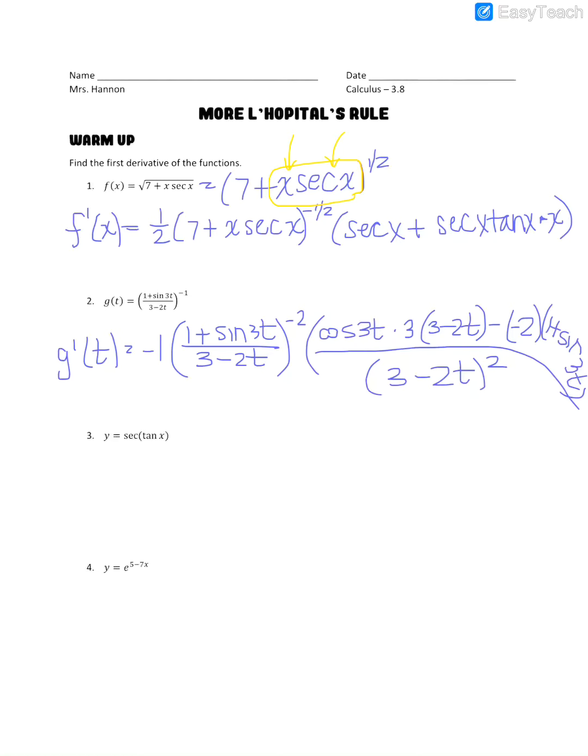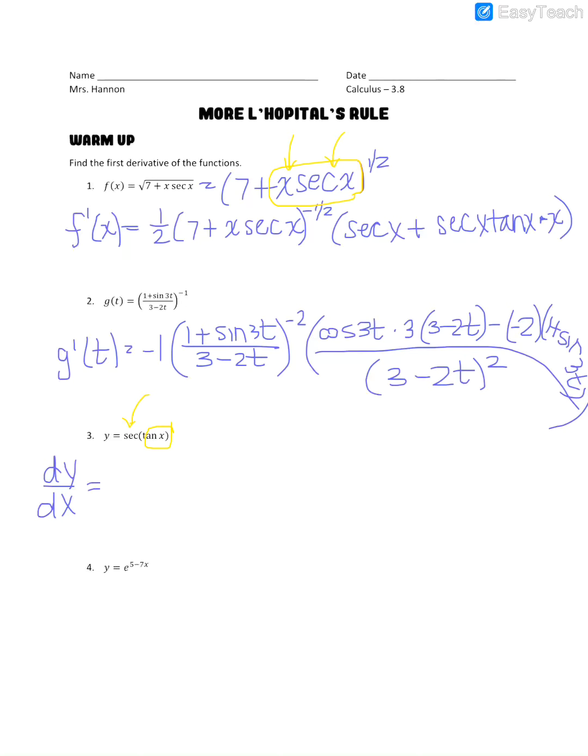Okay, number 3. Number 3 is chain rule. So we're going to start with the outside. The outside is the secant. We have to do the derivative of secant first. The derivative of secant is secant tan. Remember, we don't have an x inside of this secant. We have a tan x.